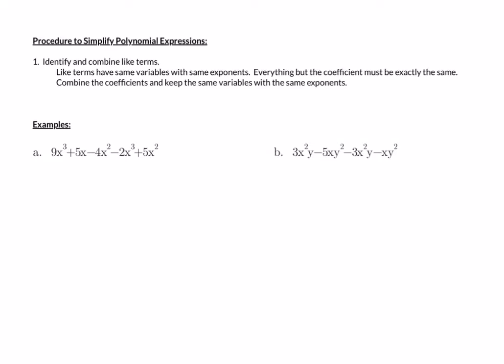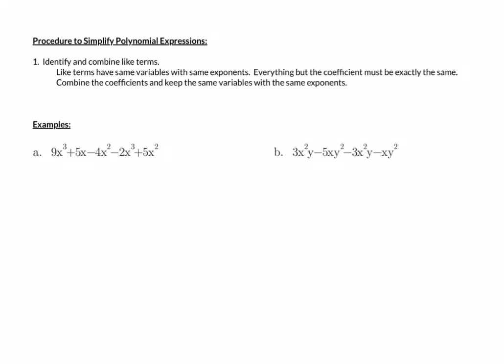So the first thing we want to talk about is simplifying polynomial expressions. In order to do this, we are going to identify and combine like terms. Like terms have same variables with same exponents. So that means everything but the coefficient must be exactly the same.